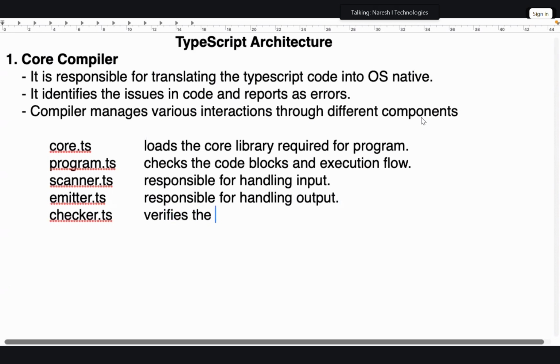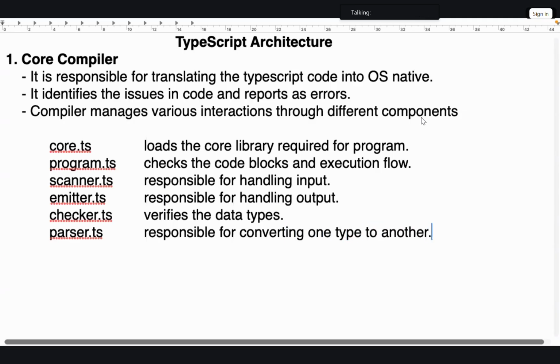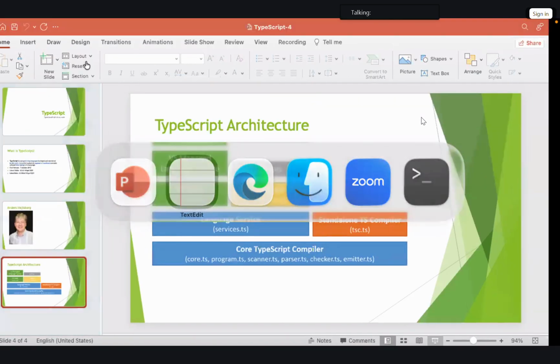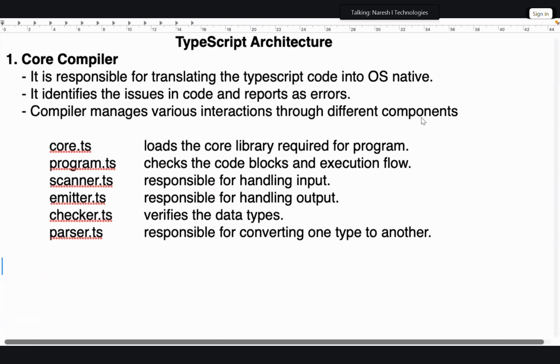Checker.ts verifies the data types. Parser.ts is responsible for converting one type to another. And not only these, there are so many things. These are a few major ones in compiling.